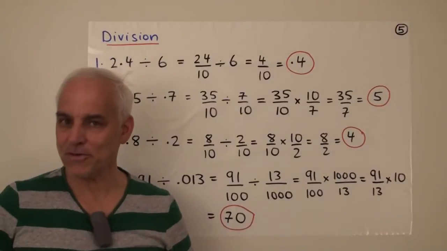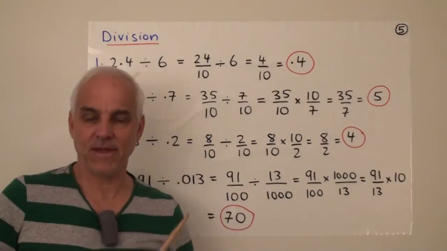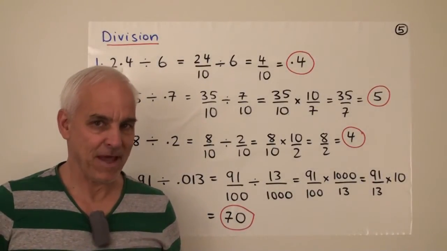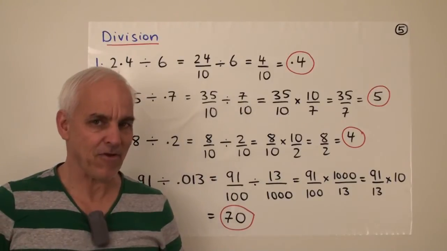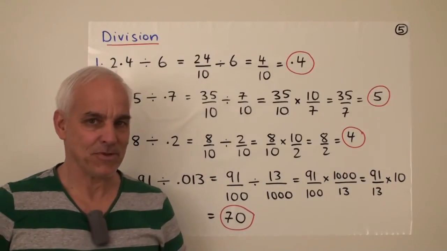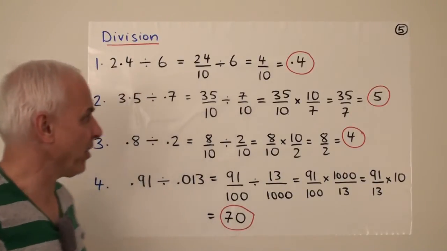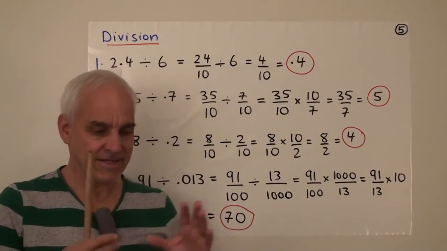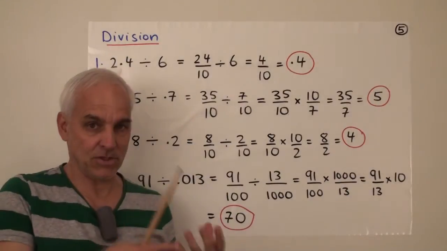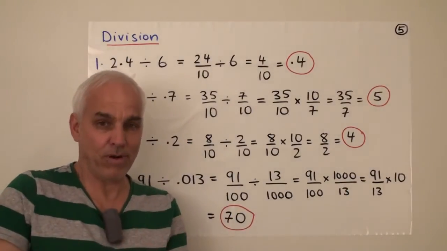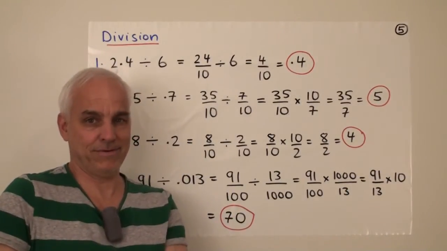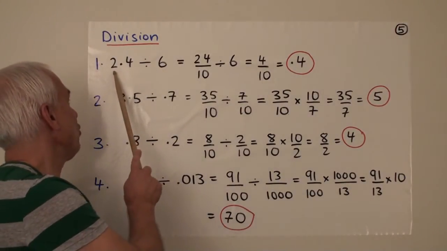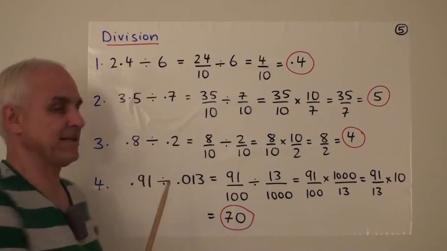All right, so let's turn to division. Division with decimal numbers, which again is something that many students shy away from and quickly use their calculator. But let's see how it works, because I want you to understand what's going on. The basic understanding that underlies what's going on here will be very, very important when we start doing algebra. So let's suppose we want to divide 2.4 by 6.